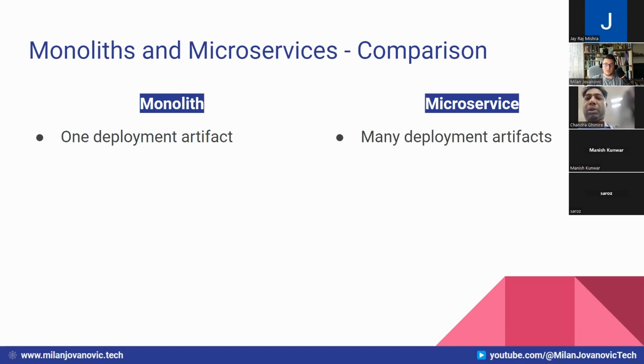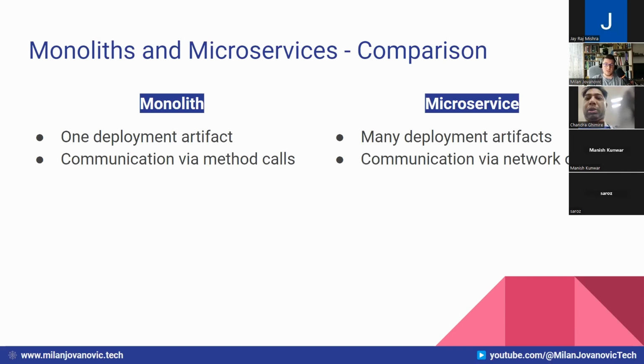First off, when it comes to deployment artifacts or deployment units, with a monolith, you only have one deployment unit. With microservices, this is a little bit more complicated because you end up having one deployment unit for each of your services. So the deployment process is significantly more complicated with microservices than it is with the monolith architecture.